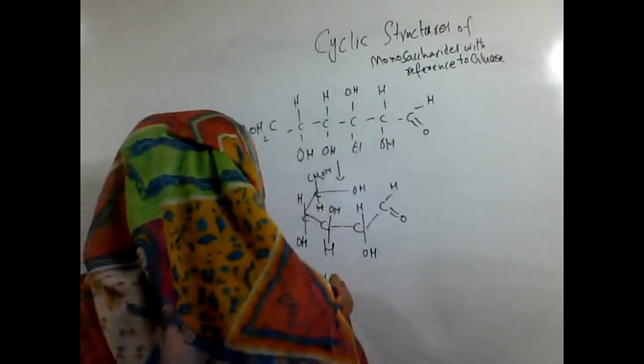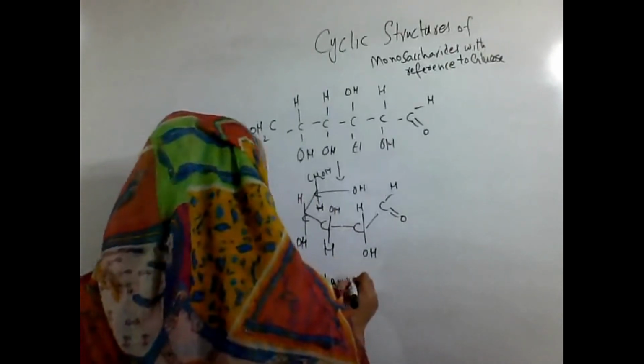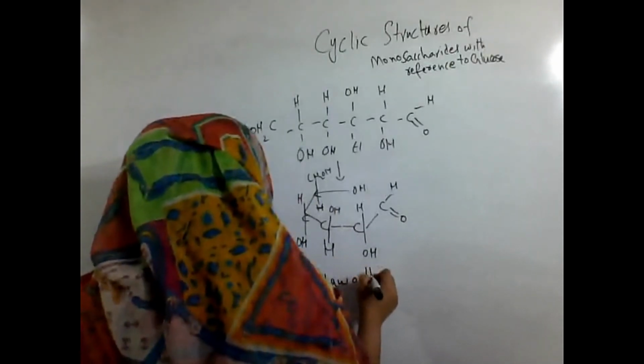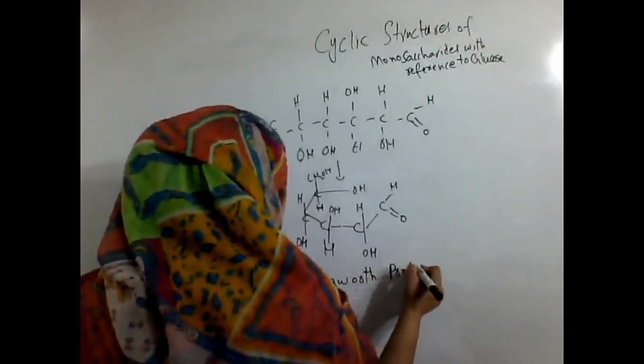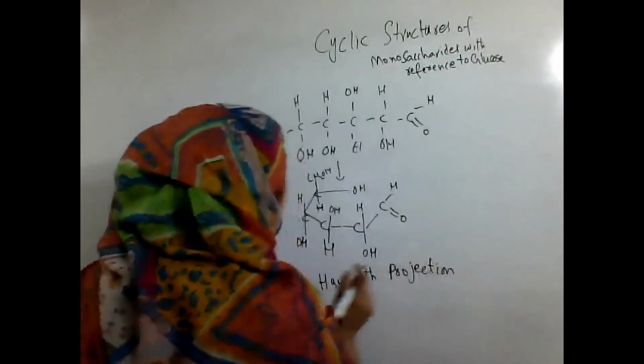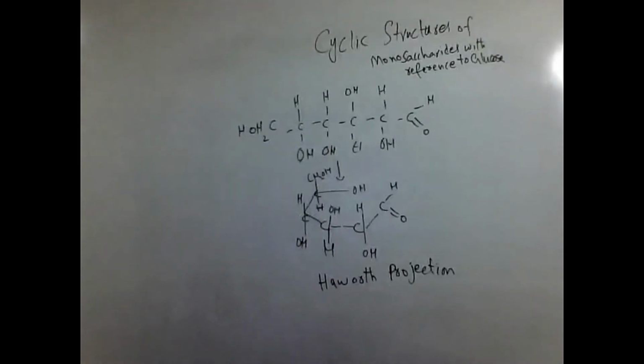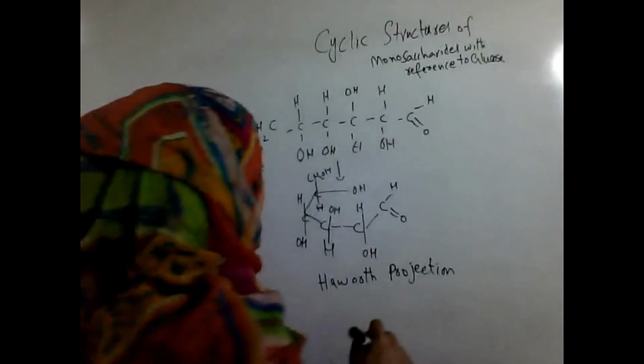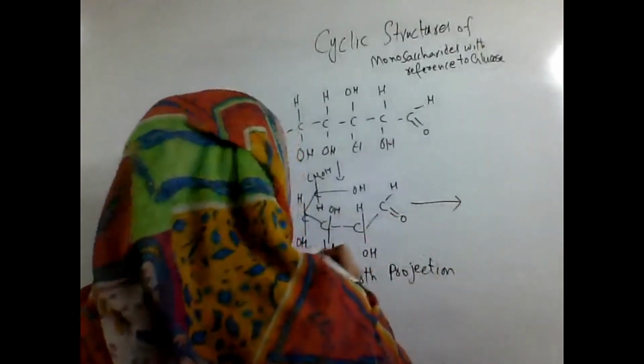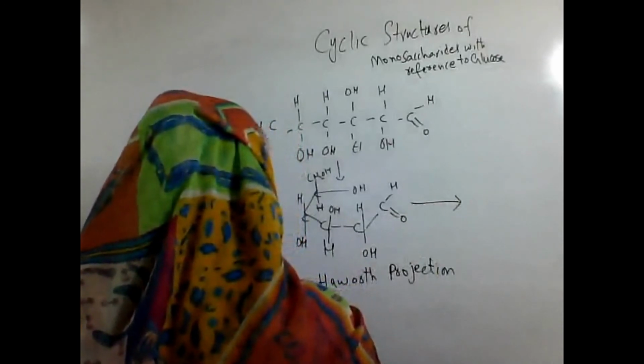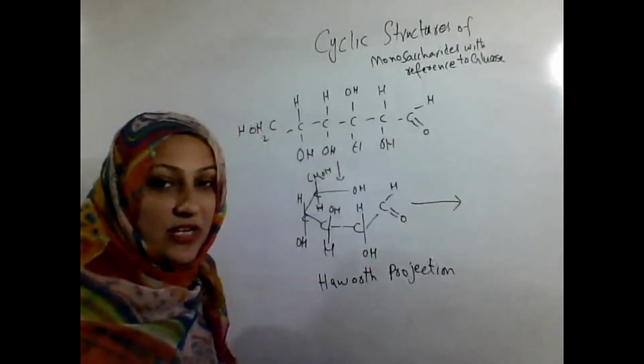This is called the Haworth projection for the cyclic structure of glucose. Now this leads towards the formation of the pyranose ring structure.